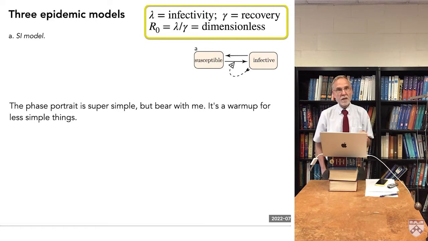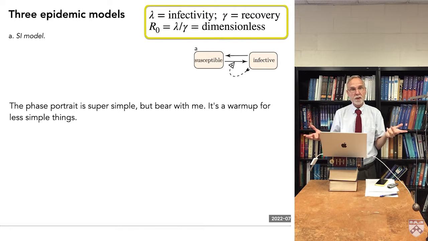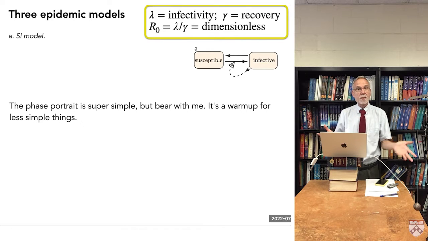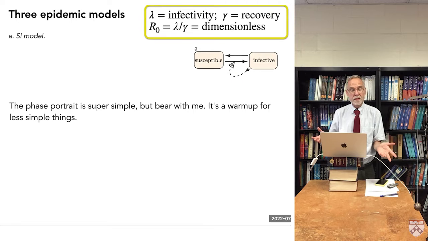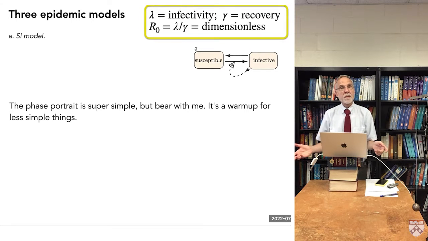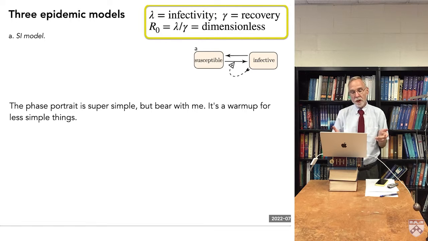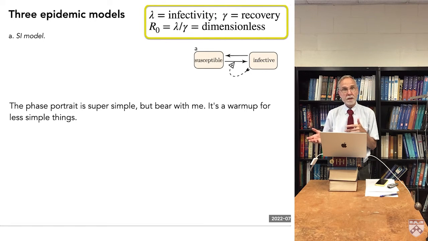I'm going to divide the population into two boxes. One box is all the people who are susceptible. That means they haven't got it at the moment. And the other box is all the people who are infective. And then I can draw some arrows between the two boxes. If you're susceptible, you might get infected by an infected person and leave the susceptible bin and join the infective bin. That's what the lower arrow pointing to the right is saying.